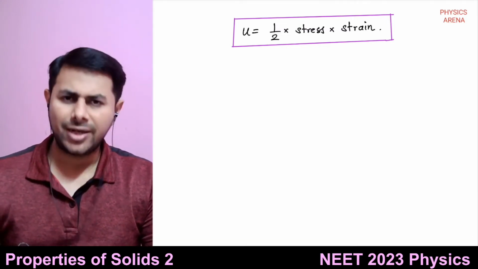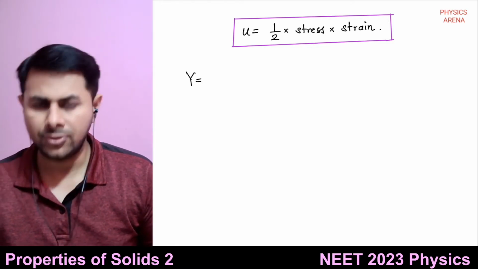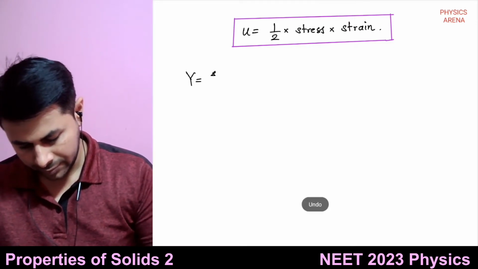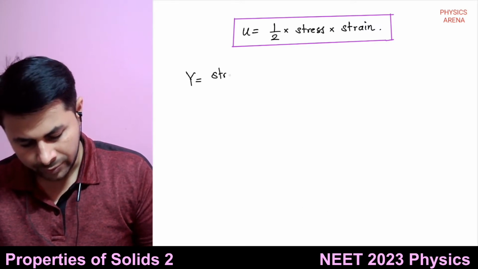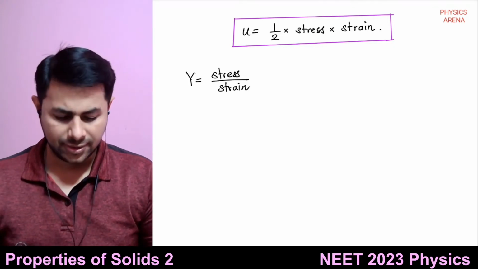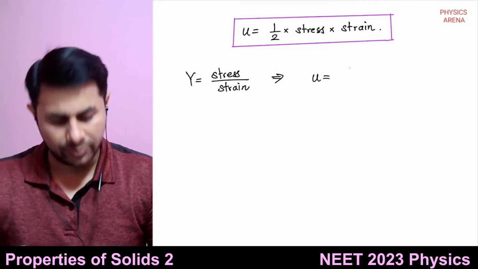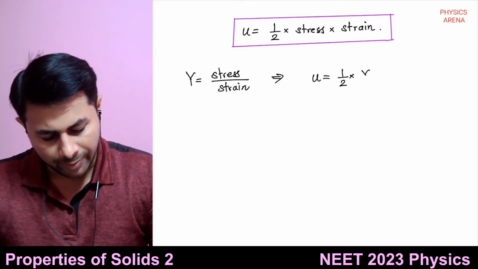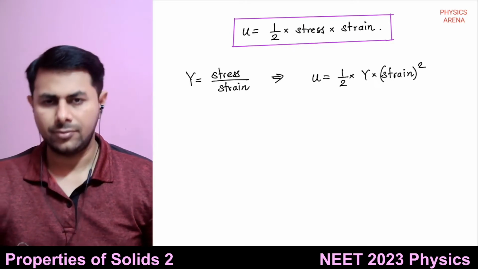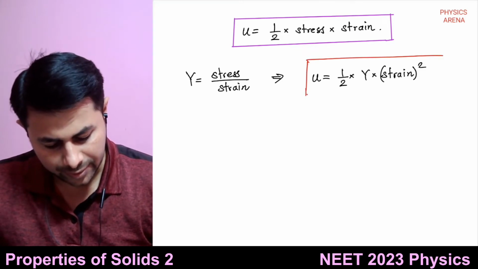After that, this formula can be written in various ways like this. So you can use y is equal to stress upon strain. So stress can be written as y multiplied by strain. Okay, and therefore you can write u is equal to half of y multiplied by strain square, because stress is y multiplied by strain.